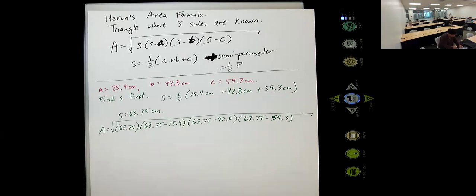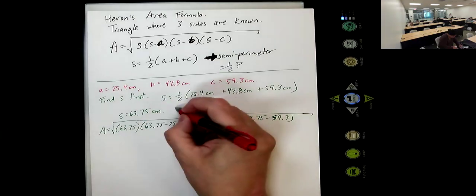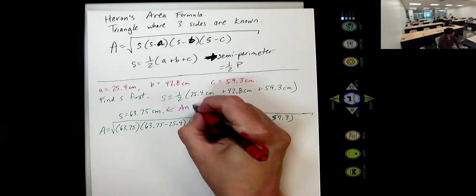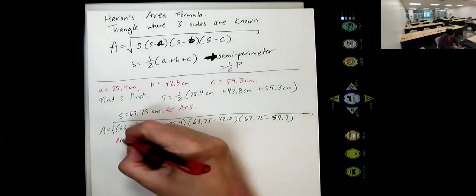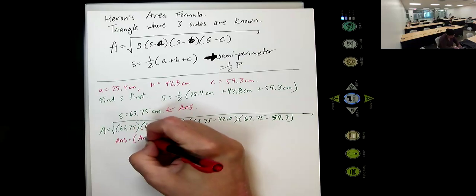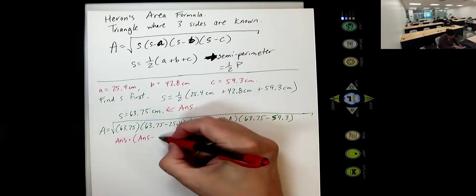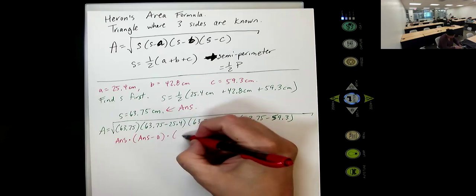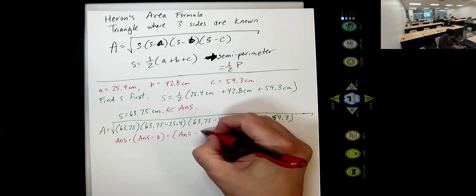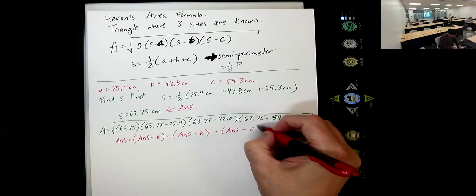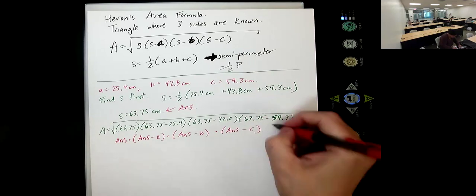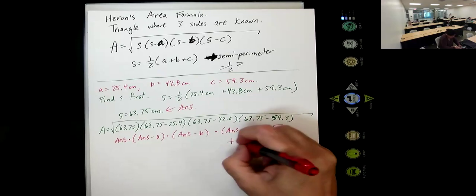Now, if you've calculated this first, your calculator likely has this stored as answer. So you can speed this up by doing answer times parentheses answer minus whatever A is, times parentheses answer minus whatever B is, times parentheses answer minus whatever C is. Hit equal, then take square root.